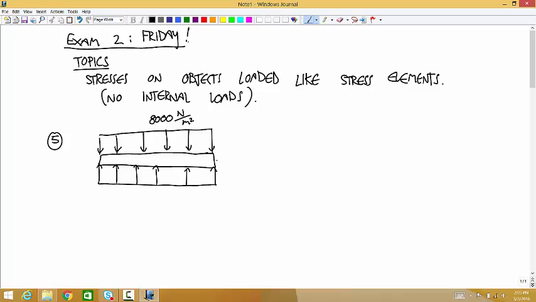And you're also told that there's a uniform distributed load that comes to a total force of 5,000 newtons, equal and opposite like that. And we're told that the cross-sectional area is 0.01 meters squared. We want to calculate the stress tensor.